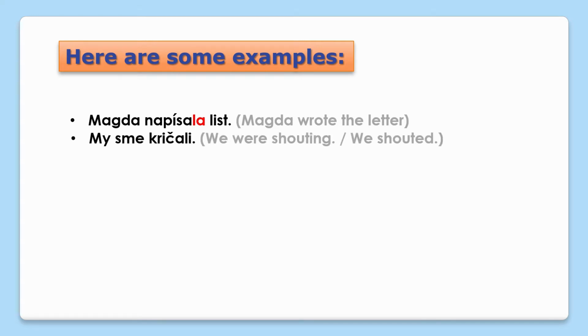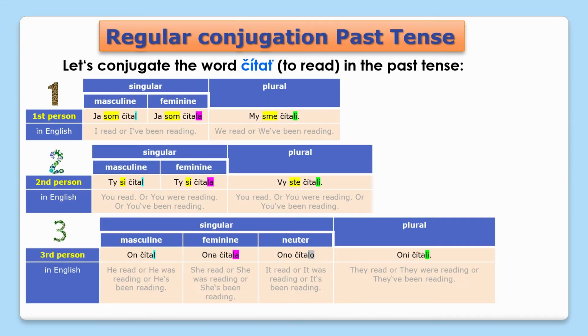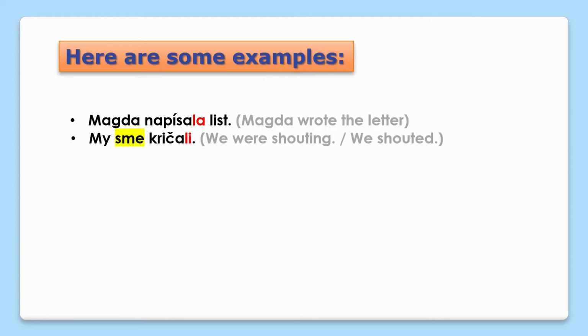My sme kričali. So it's first person plural. We need to use li and the auxiliary verb. My sme kričali.